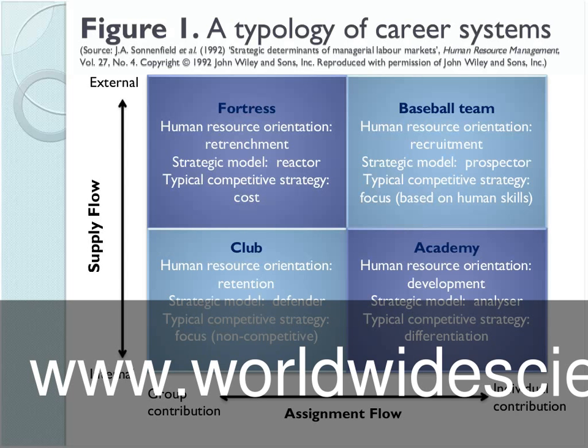Typical industries where academies operate are pharmaceutical and automobile companies. In academies, the human resource orientation is development, the strategic model is analyzer, and the typical competitive strategy is differentiation.